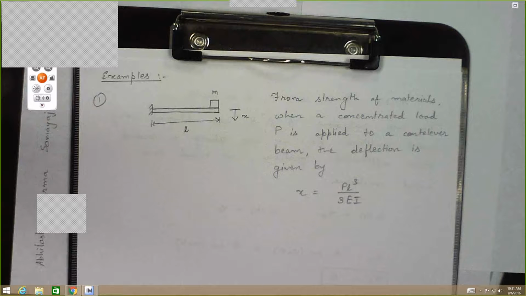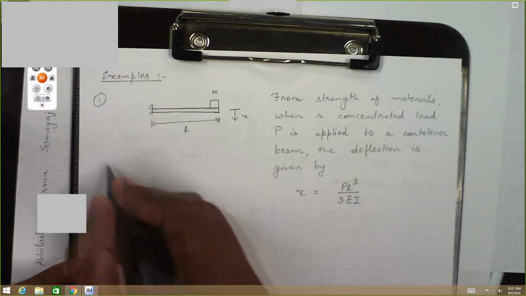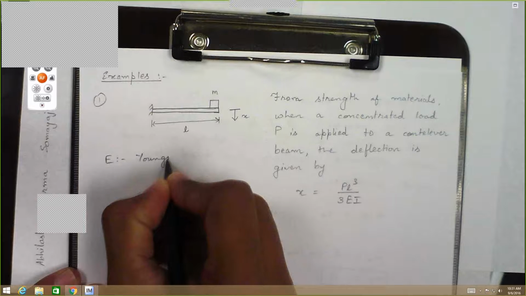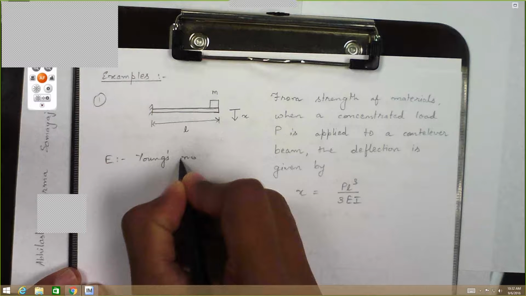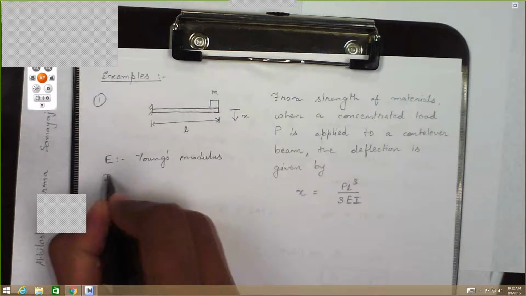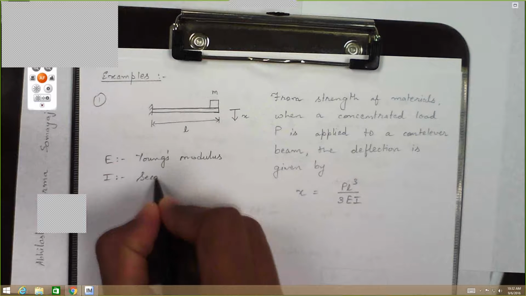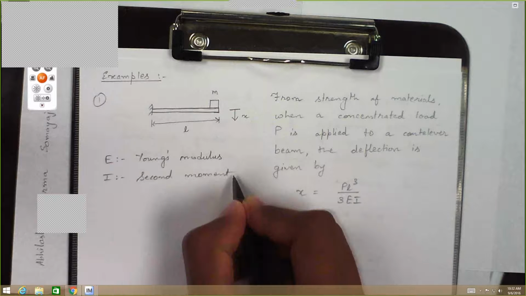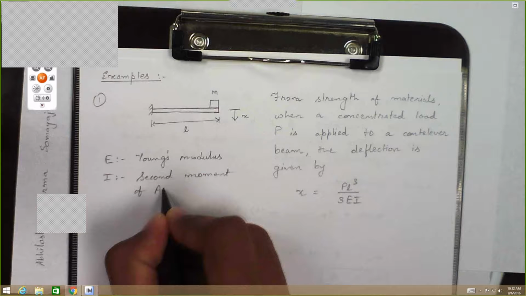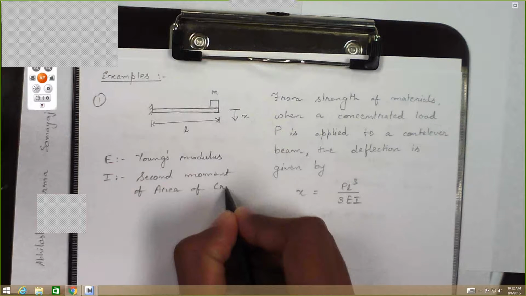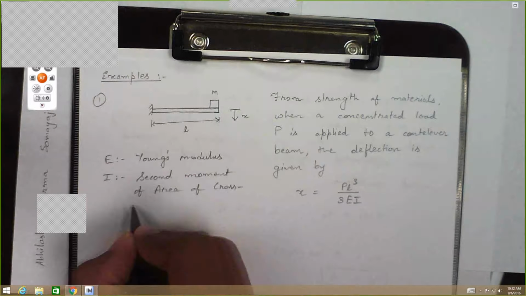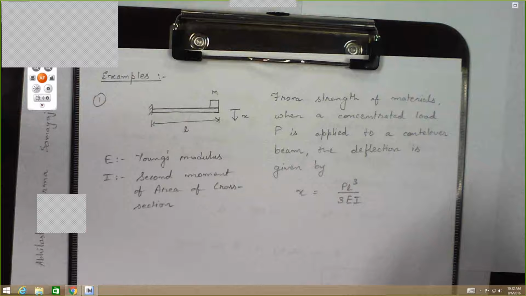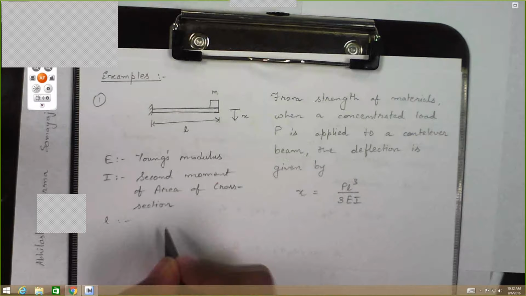where E is the Young's modulus and I is the second moment of area of cross section, and L is the length of the beam.